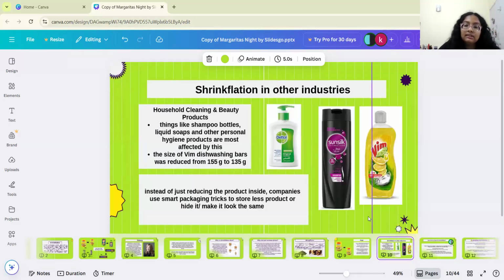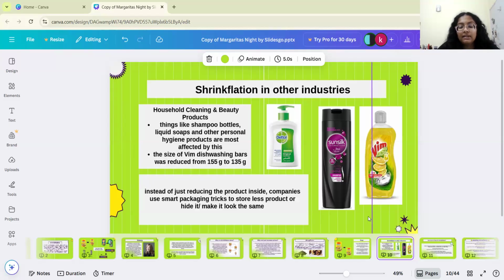Shrinkflation is not only there in food products, but it's very common in a lot of industries. Another major victim of shrinkflation is our household products and beauty products. Things like shampoo bottles, liquid soaps, or personal hygiene products are also affected by this.